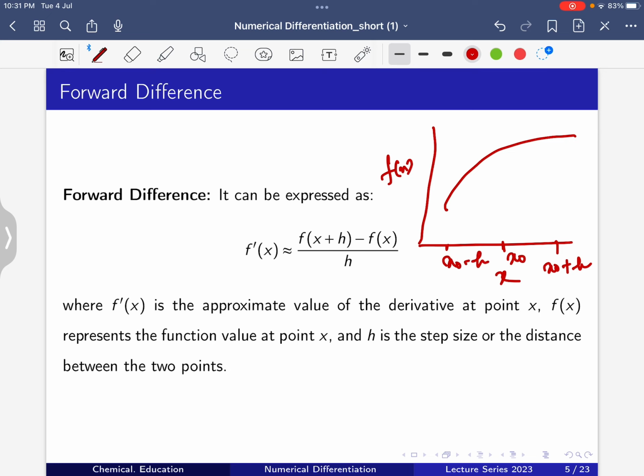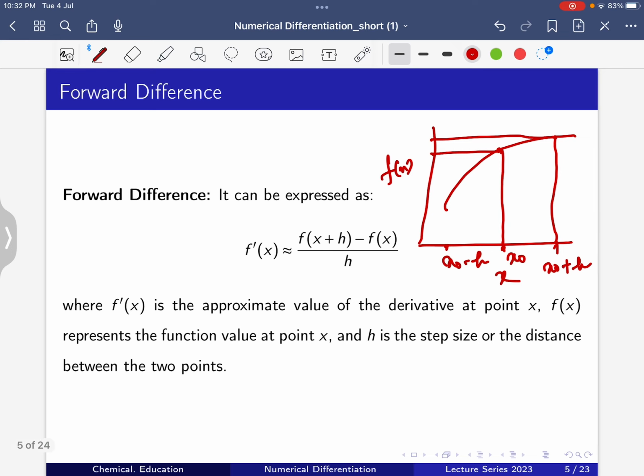Now corresponding to x0, if you go from x0 to the function graph, it will intersect here, and you will get the function value at x equal to x0. Similarly, if you draw another straight line, it will cut here, and you will get another function value, corresponding to x equal to x0 plus h.